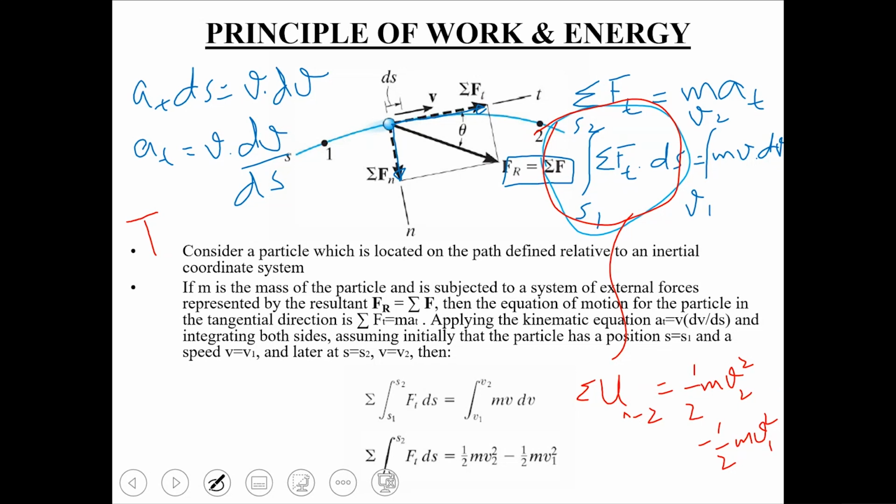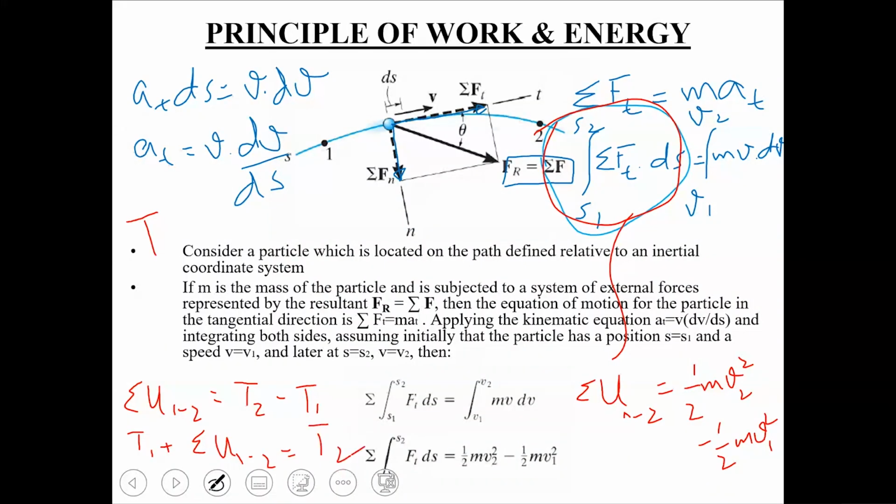So if we take a look at this equation broadly, summation U1 to 2, which is the work done by all the forces in moving this particle from position 1 to position 2, should be equal to half mv2 square, which I called kinetic energy, represented by T2, minus T1, which is the kinetic energy at position 1. Rearranging this equation, this would become T1 plus summation U1 to 2 equal to T2.